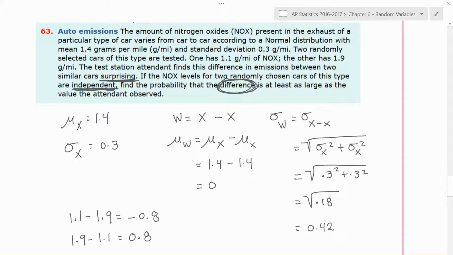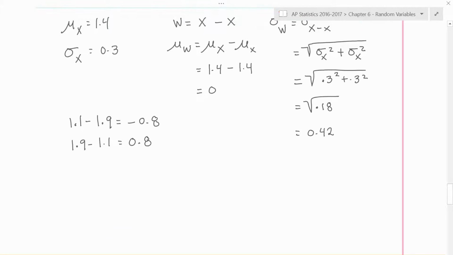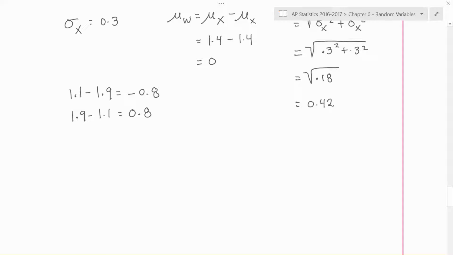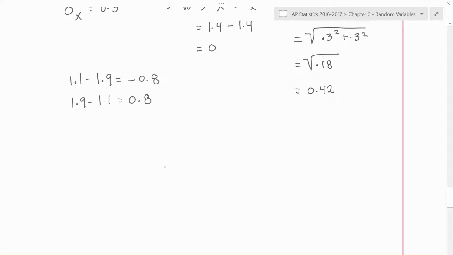Now, next piece, wow, there's a lot to this problem. We're told they vary according to a normal distribution. So if each variable varies according to a normal distribution, then the combination x minus x should also vary according to a normal distribution, with an expected difference equal to 0 and a standard deviation of 0.42.